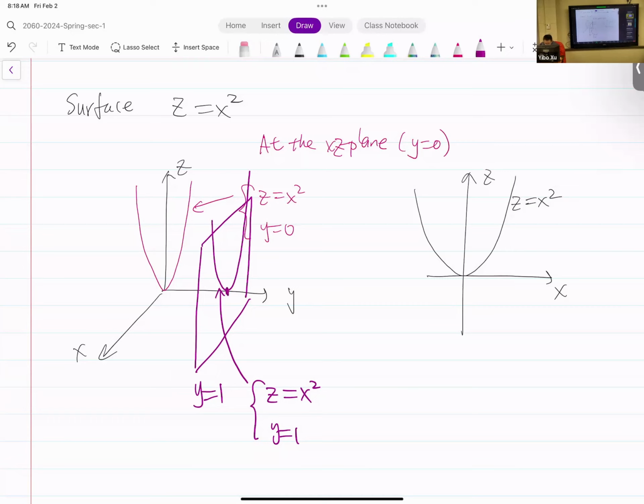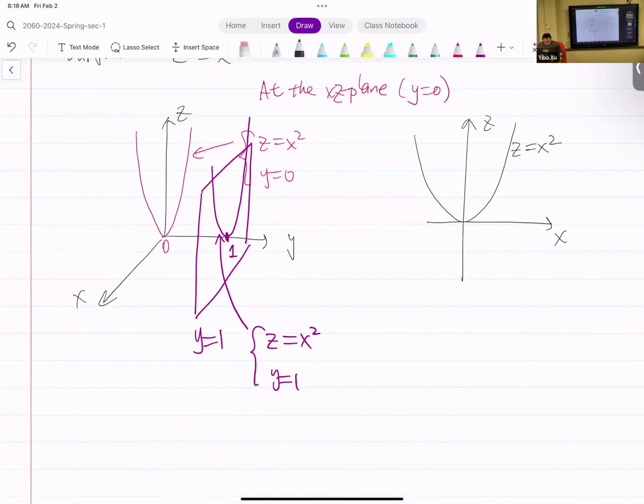And the only thing different here, the intersection between the purple parabola and your y-axis, is that this is a 1. Earlier, we have just y equal to 0 right there. And you can imagine, whatever y value that is, this parabola is always going to be the same shape. It's just shifted. You just shifted the y value.